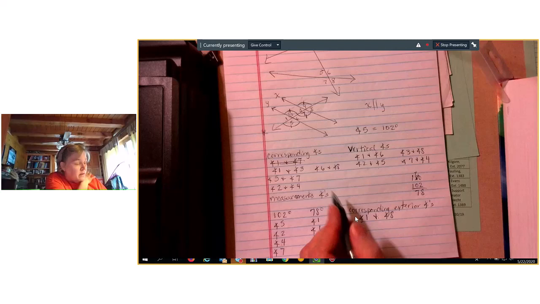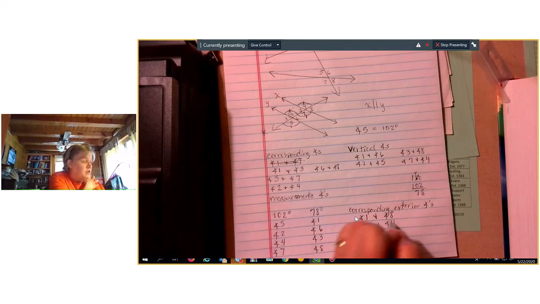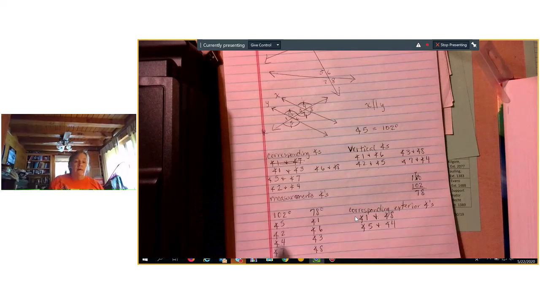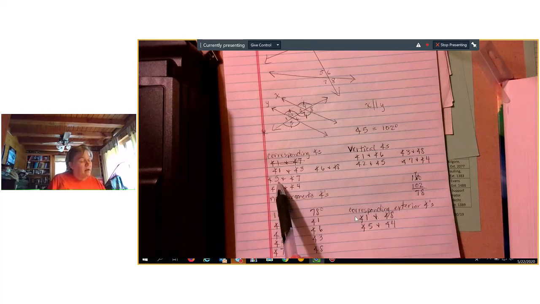And then we have another one that's angle 5 and angle 4. And we've just shown that in several different ways, because we know that angle 1 and 8 have the same measurement. And we also know that angle 1 and angle 6 are vertical, and if angle 6 and angle 8 are corresponding, then angle 1 and angle 8 can also be corresponding.